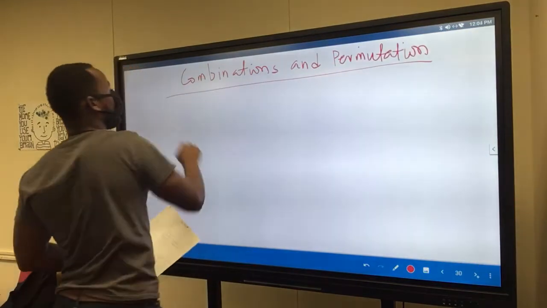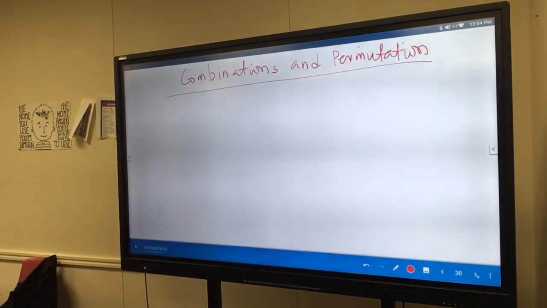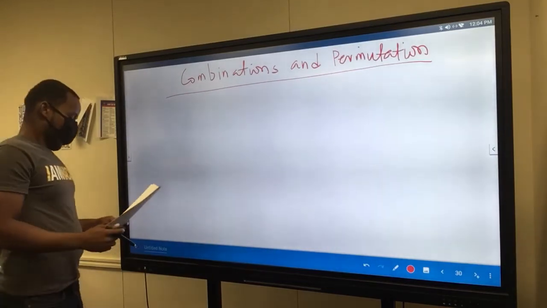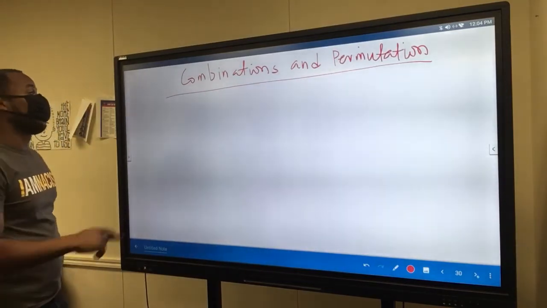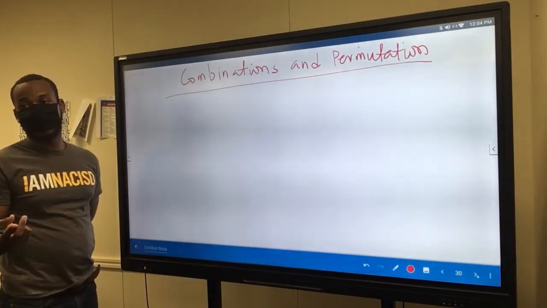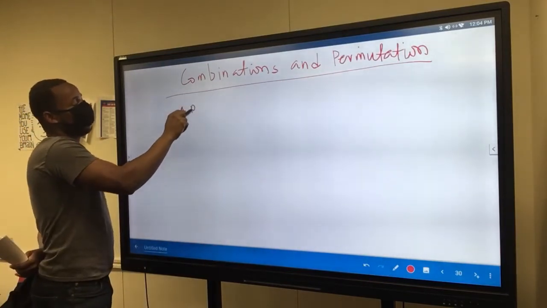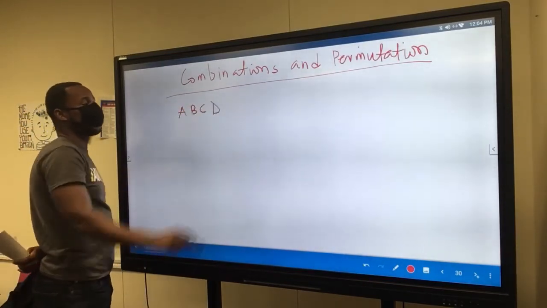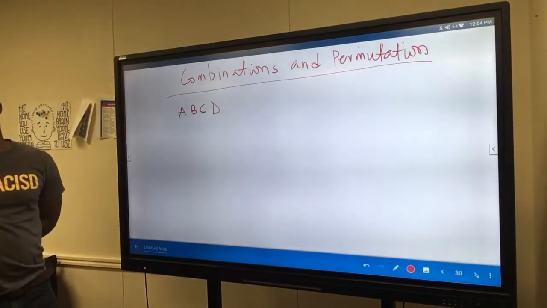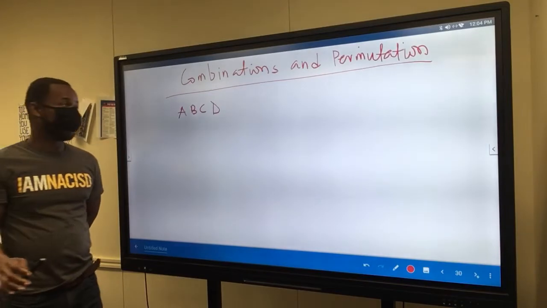So combinations and permutations, right? The first thing you have to know is that anytime they ask you to arrange the data, let's say we are supposed to arrange A, B, C, D, taking all at a time.